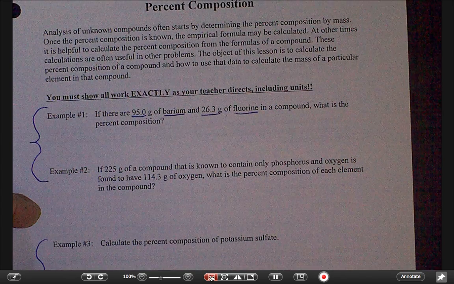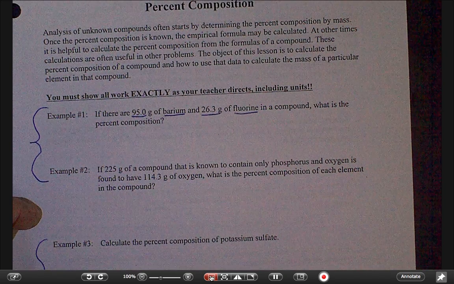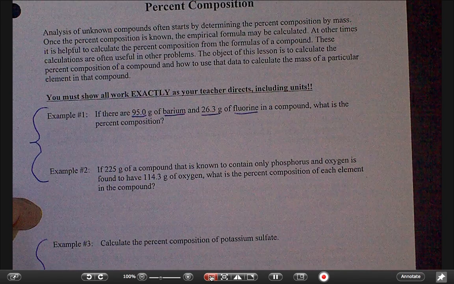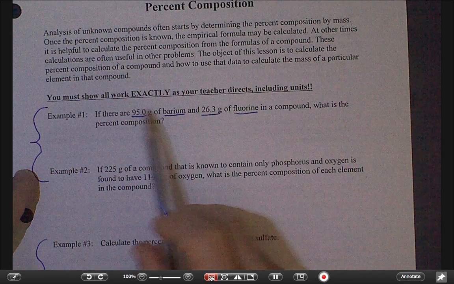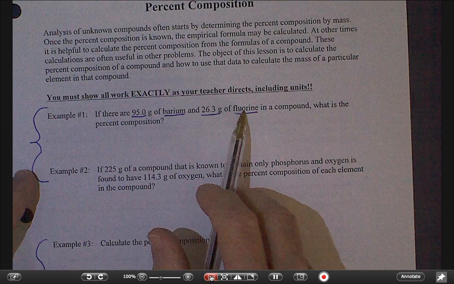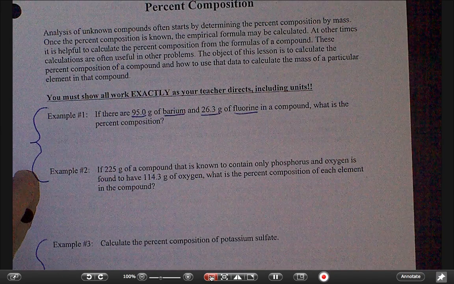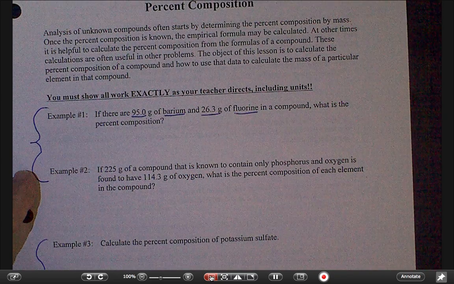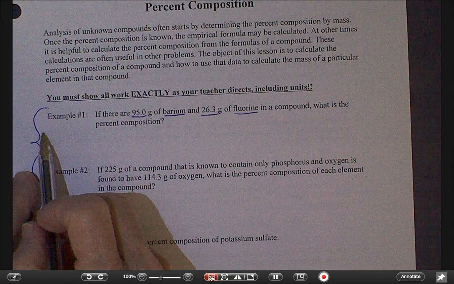Now then, my formula says mass of element divided by mass of the compound. Does it make sense that we can add the 2 masses because it's only barium and fluorine in the compound? They've already done the analysis. Can we add the 2 masses to get the total mass of the compound? Yes. So right over here off to the side, that's what we're going to do.